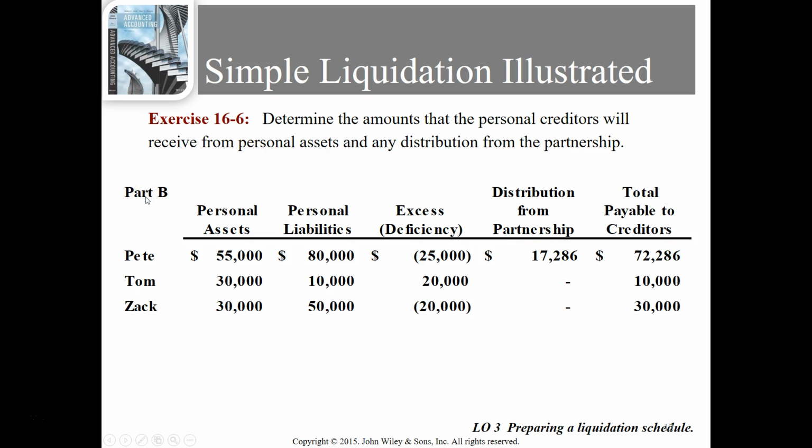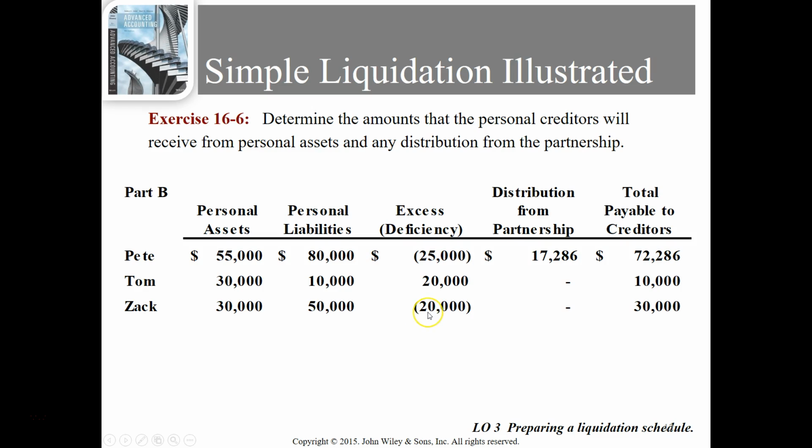Part B. Determine the amount that the personal creditors will receive from personal assets and any distribution from the partnership. So right now, this was from that original spreadsheet we showed you of their personal assets, personal liabilities. We see here is excess deficit.